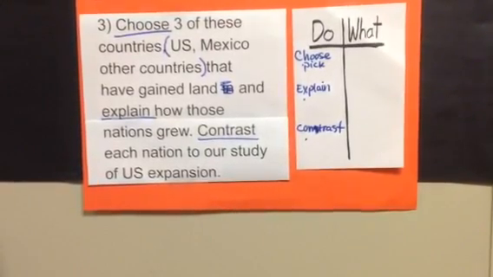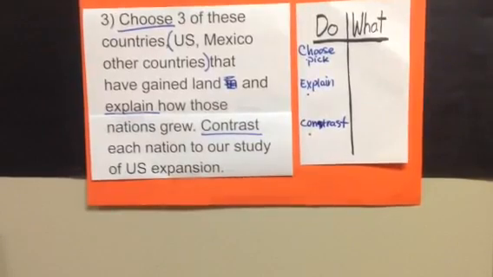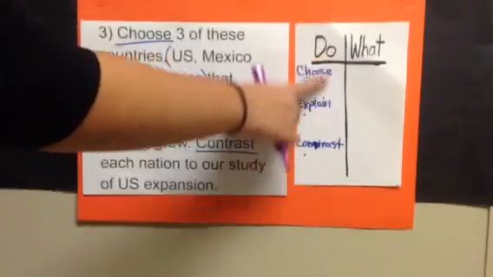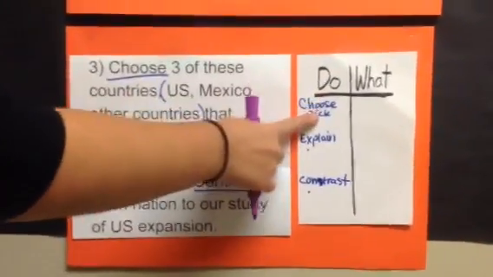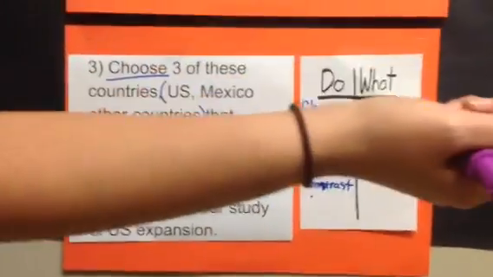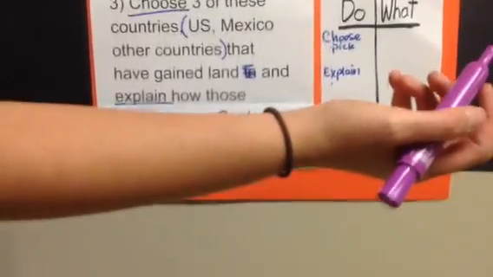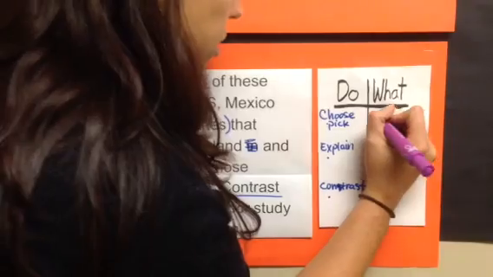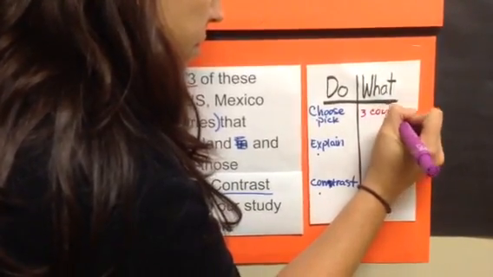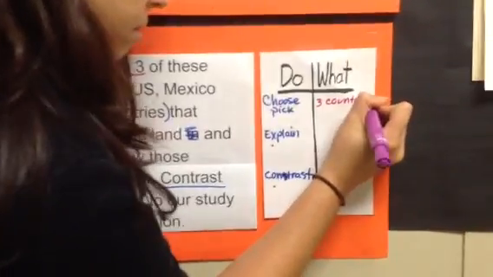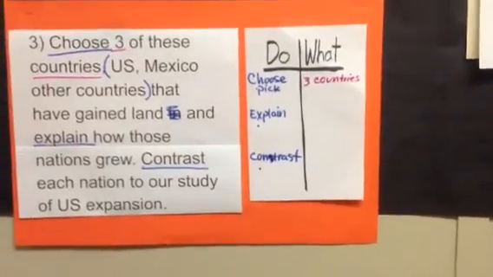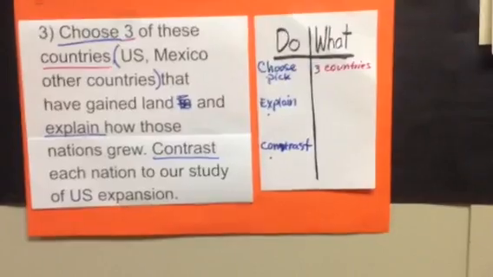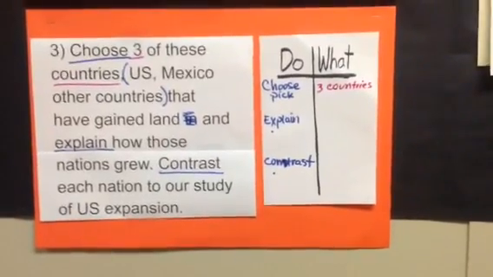To compare U.S. and 2 other countries. Okay, but compare, that's the action. That's what it's actually asking you to do. What is it asking you about? You said it. Oh, the 3 other countries. Good, 3 countries. And what else? Explain how those nations grew.